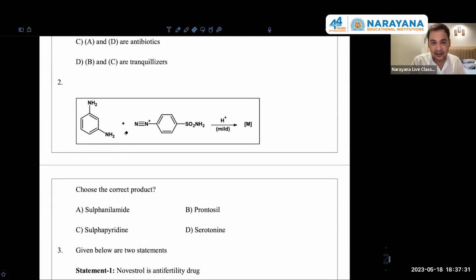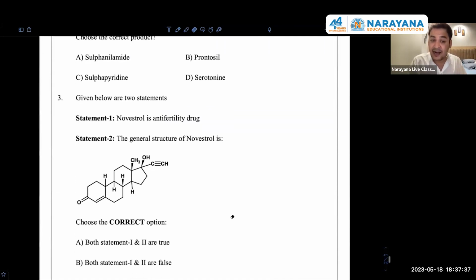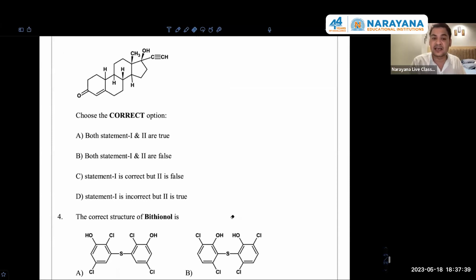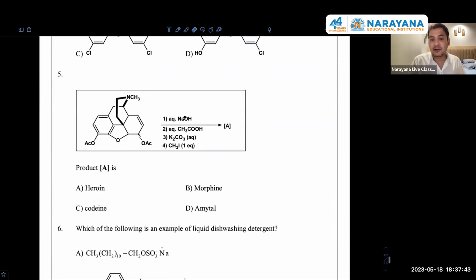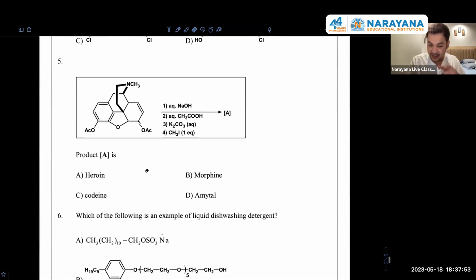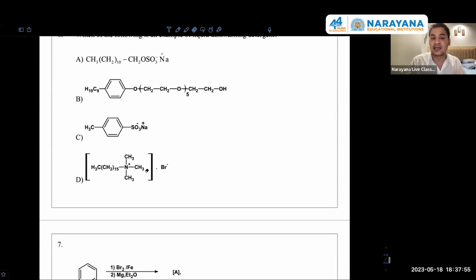I have used a coupling reaction to prepare Prontosil, the kind of question JEE Advanced can ask. Another question uses NaOH, acetic acid, K2CO3 and methyl to prepare another derivative of opium poppy.